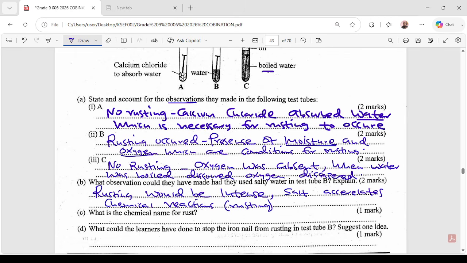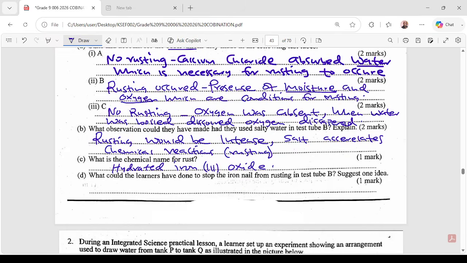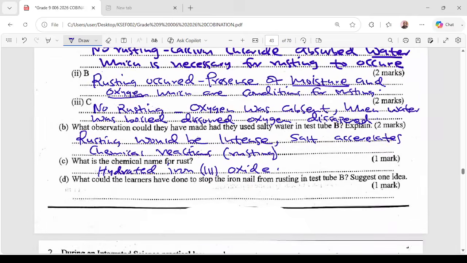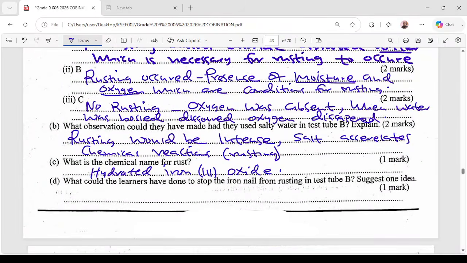What is the chemical name for rust? Hydrated iron 3 oxide. What could the runners have done to stop the iron nail from rusting in test tube B?